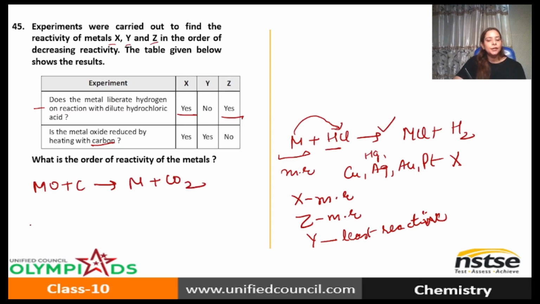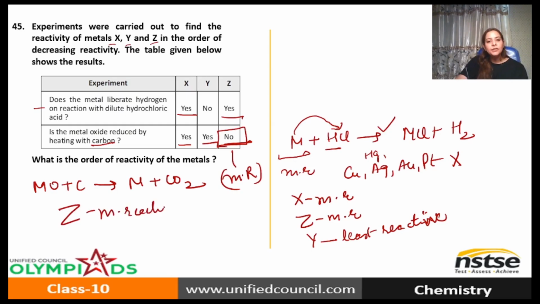X gets reduced, Y gets reduced, but Z doesn't. All those metals which are more reactive will not get reduced using carbon. So out of them, the most reactive would be Z, and after that comes X, and Y would be the least reactive.